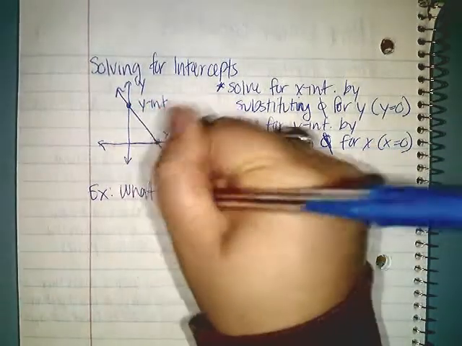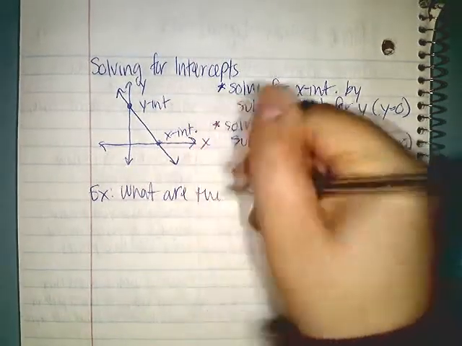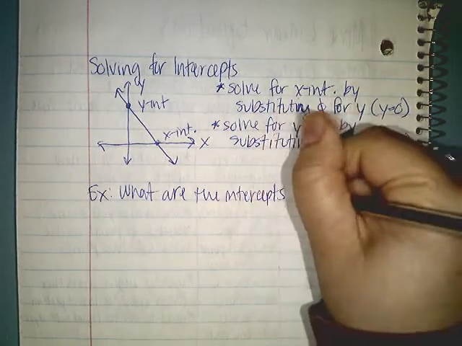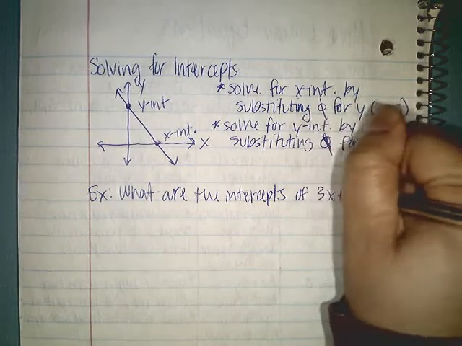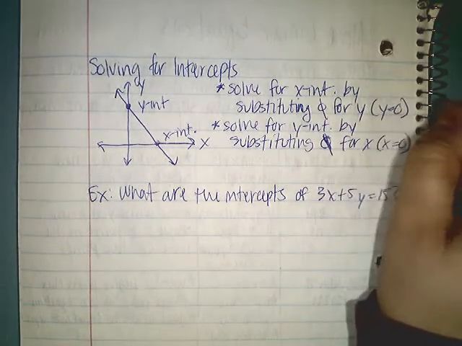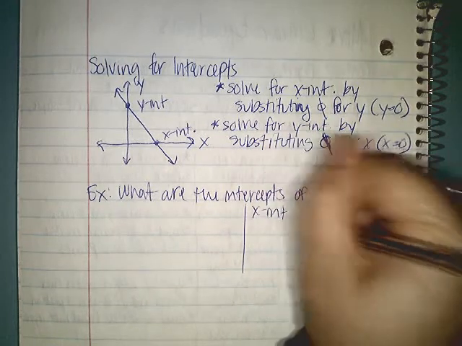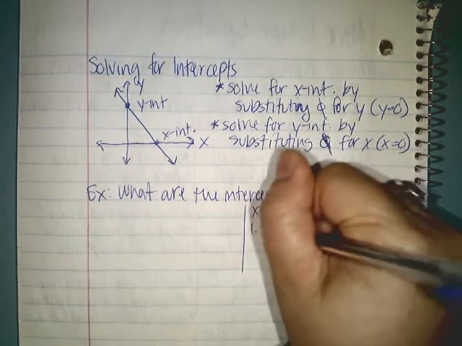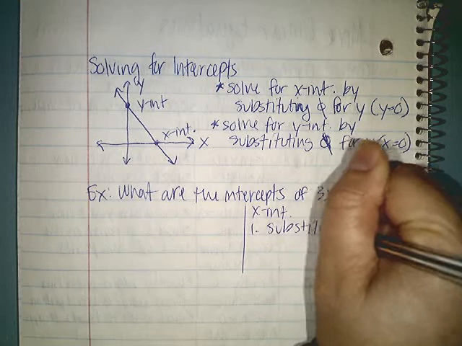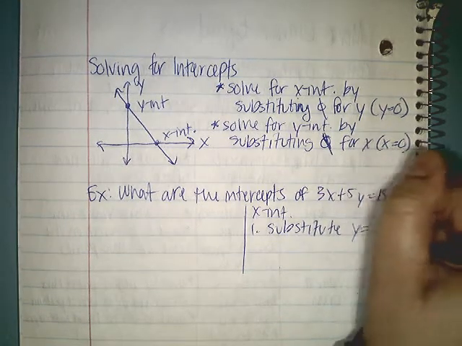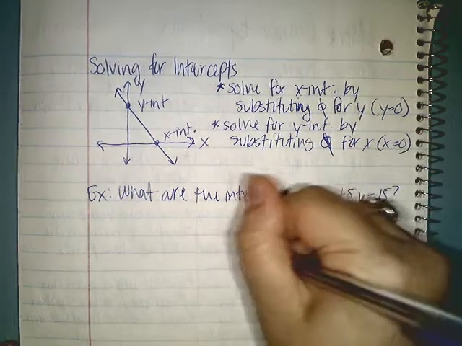I'm asking, what are the intercepts of 3x plus 5y equals 15? So the first one, we'll do our x-intercept first. First thing, we substitute y equals 0, and then we solve for x.